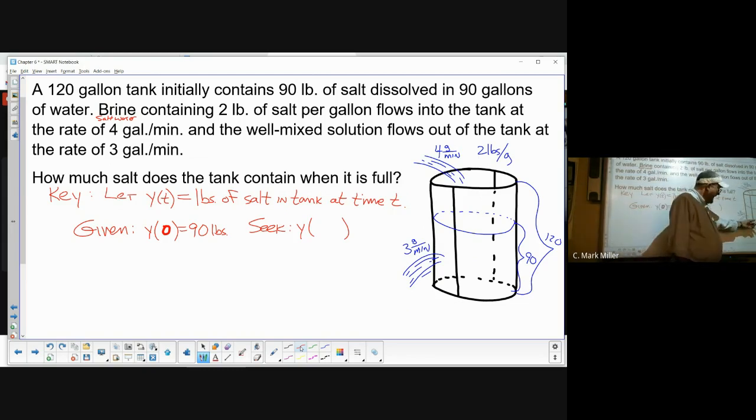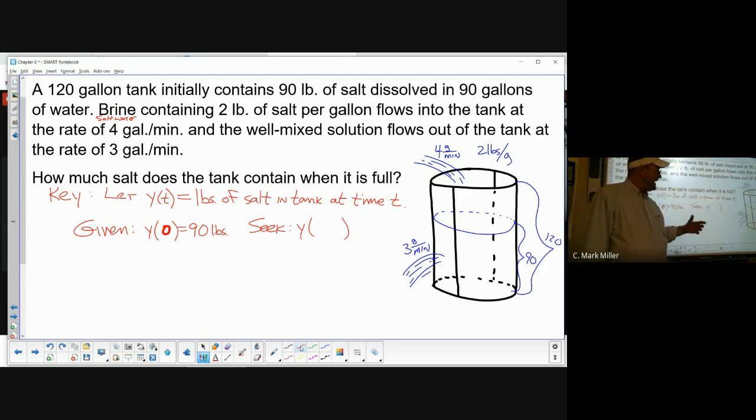It's coming out at 3 gallons per minute. So it's going in faster than it's going out. Going in at 4, coming out at 3, so the tank gains 1 gallon per minute.